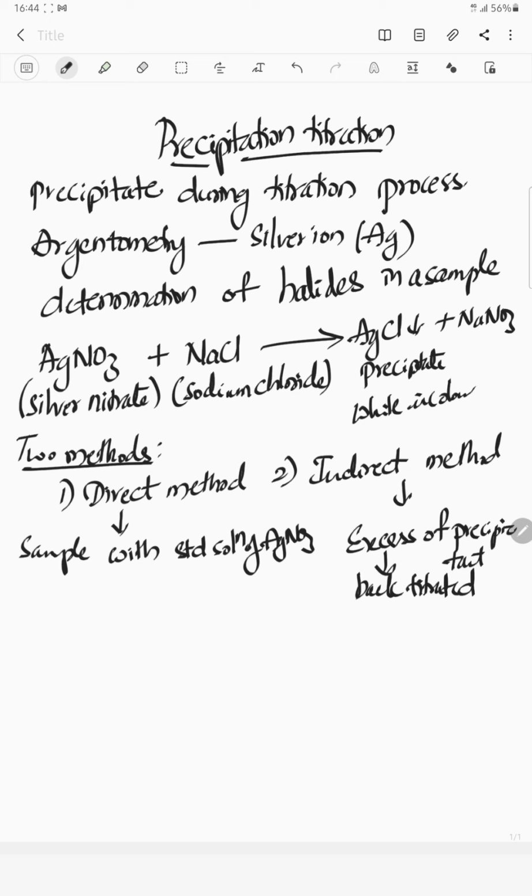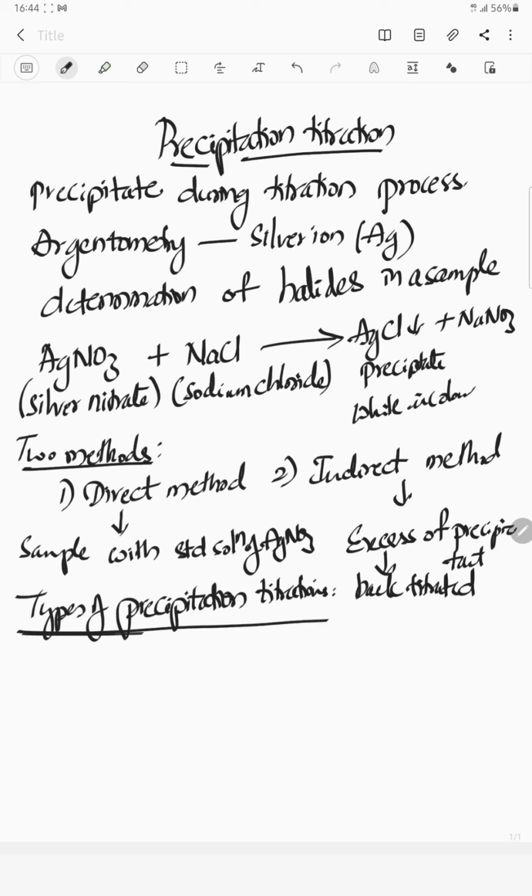Let us see the types of precipitation titrations. Coming to types, there are several types.